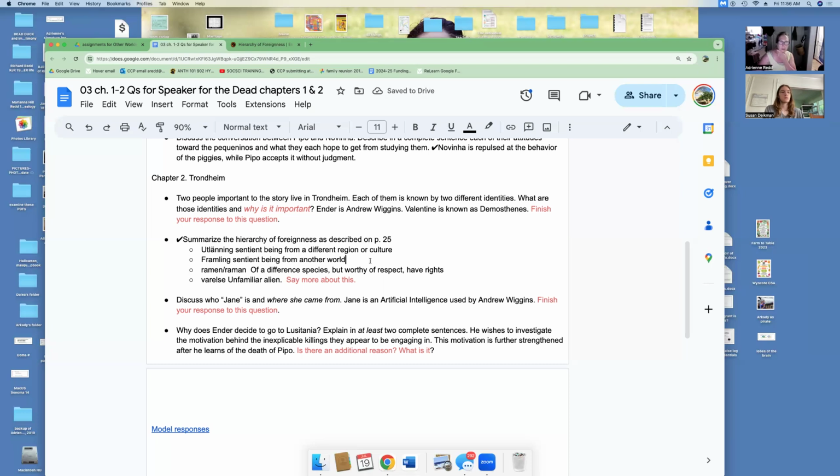So when we think about the heptapods, they're absolutely worthy of our respect, but they're not the same species. And their motivations are also unknown for the most part. So we're doing a better job than what we see at the fanverse.